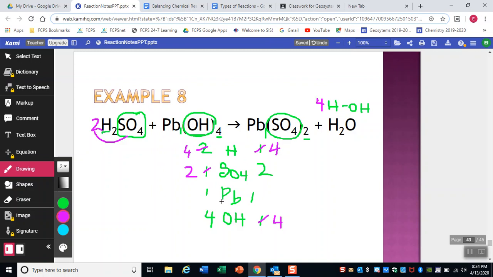And my leads were already balanced 1 and 1, and then my hydroxides are 4 and 4. But I'm going to do one last check just to be sure, because you can see it gets kind of messy. So I have 2 times 2 is 4 hydrogens over here, and then I have 4 hydrogens over here.